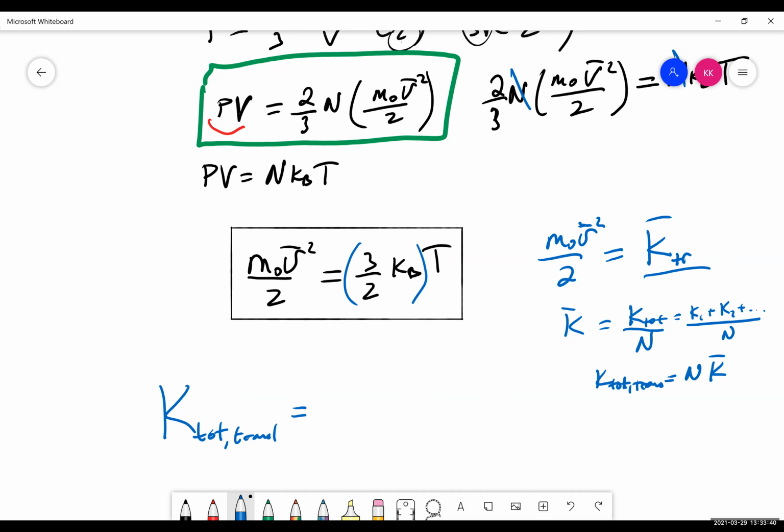So this is the translational average kinetic energy.